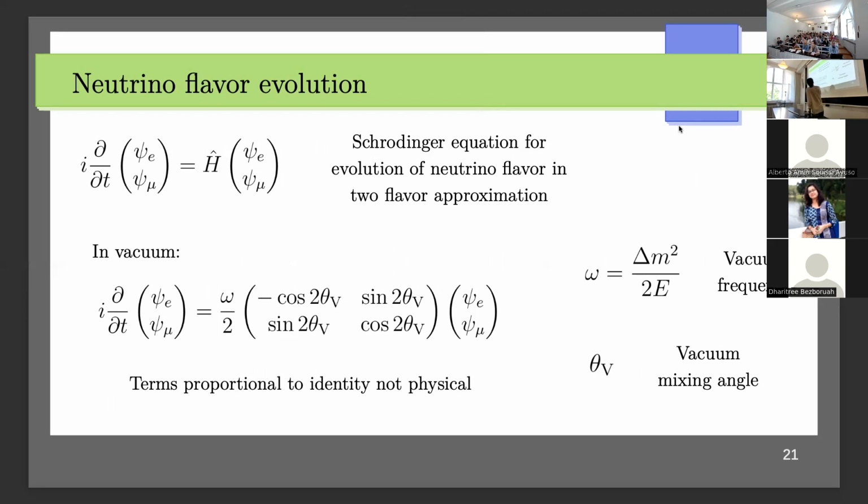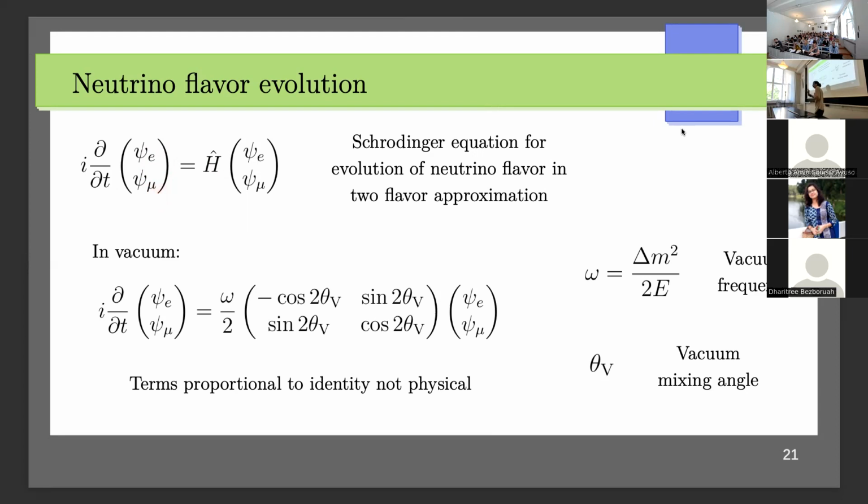This is the Schrodinger equation, which governs the neutrino flavor evolution. This is the wave function of the electron neutrino and muon neutrino. I have ignored the tau neutrino just to keep the equation simple. If we know the Hamiltonian, then we can calculate the probability amplitude of finding an electron neutrino or muon neutrino.